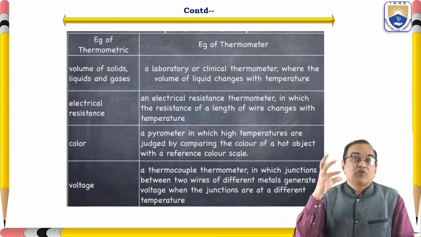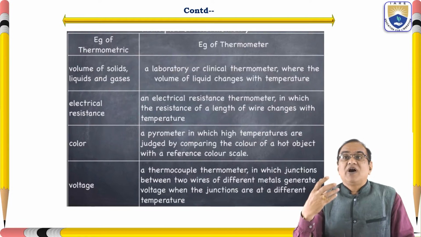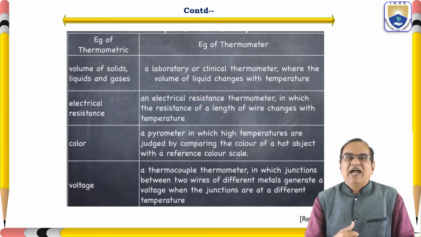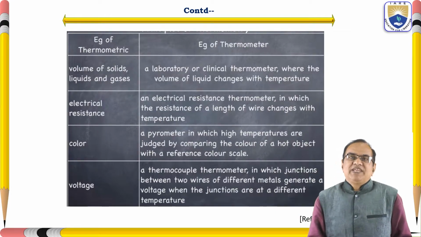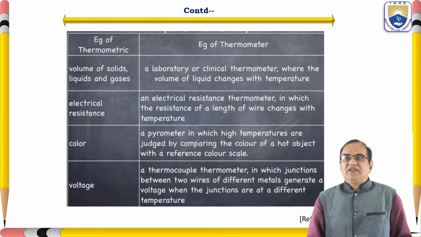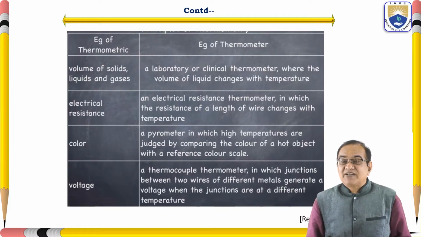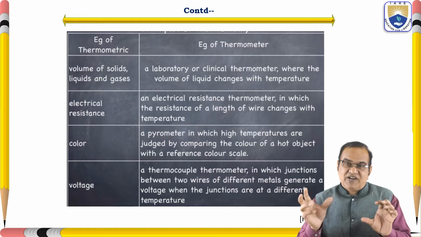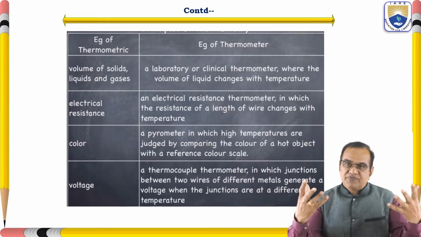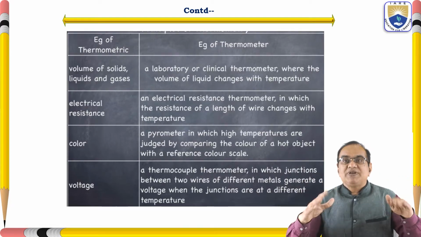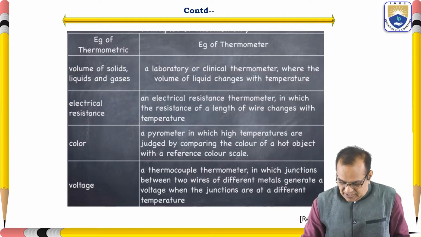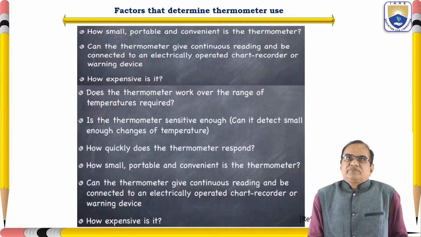So accordingly, color is also very important to understand what the temperature is. Voltage is also very important for the thermocouple thermometer, in which the junction between two wires of different metals generates a voltage, called EMF, when the junctions are at different temperatures. So if the junctions are at different temperatures, there will be some voltage, and that voltage will be directly proportional to the temperature of the system.